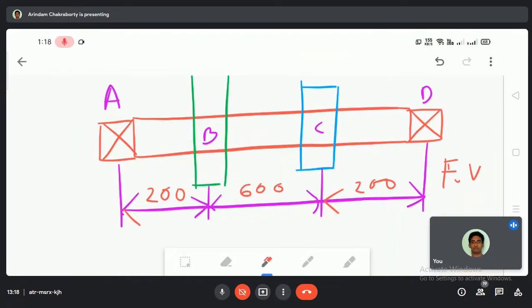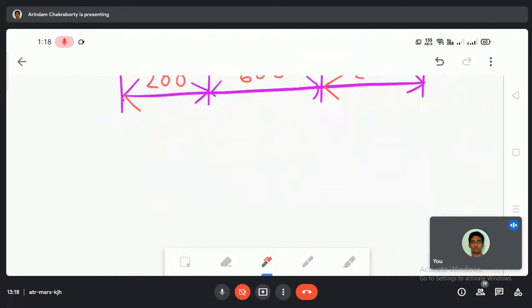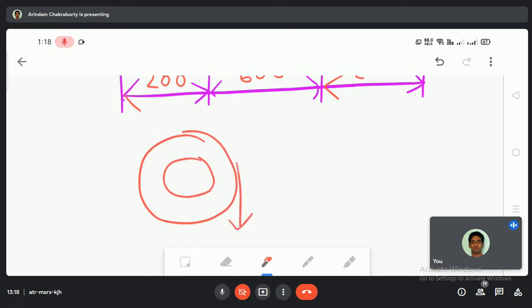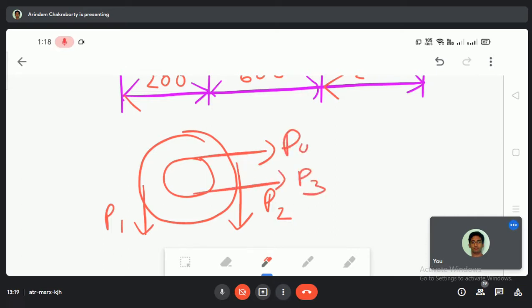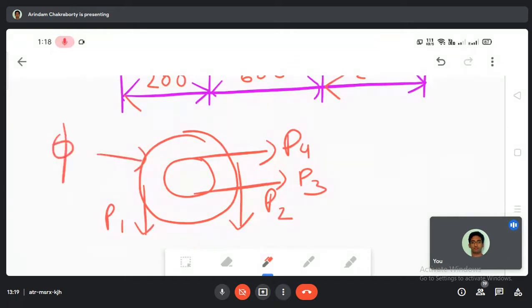You will also get a top view, where you will find one circle like this, another circle like this, where this type of things will be given, that is P1 and P2, and this is P3 and P4. Okay, this will be given that it is 500, this will be 250.